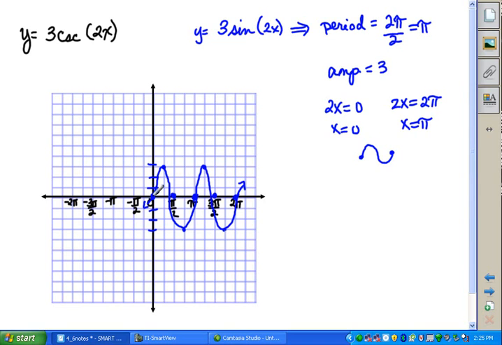So if I'm trying to draw the graph of 3 times cosecant 2x, now I know where to put in my vertical asymptotes because I know those occur at the zeros of the function involving sine.